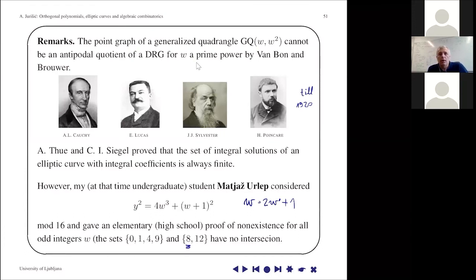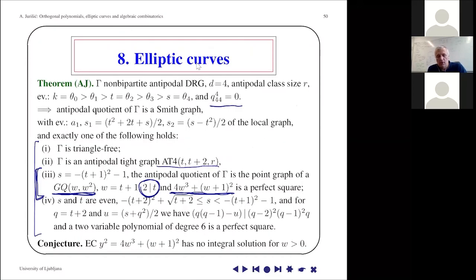Well, but there are no perfect squares modulo 16 of this form, because when you square the numbers, you will get only 0, 1, 4, and 9. So, well, there is no intersection between these two sets, and there are no solutions. So this item 3, we can forget about this one.